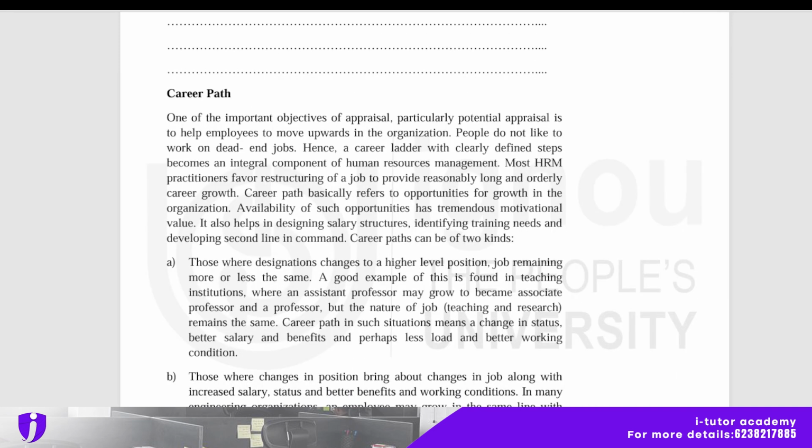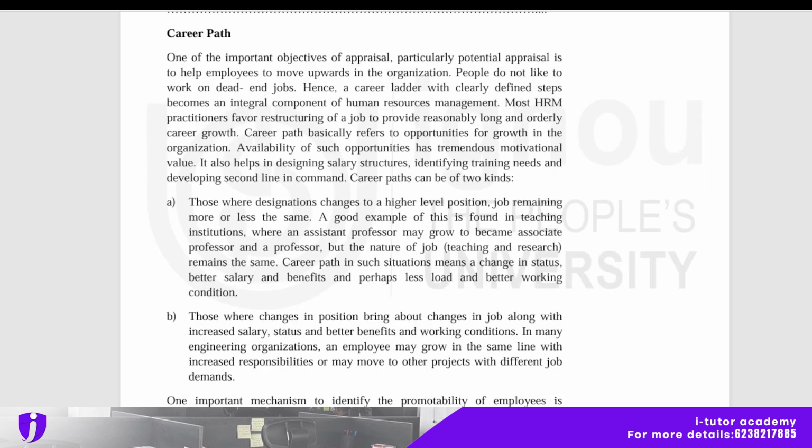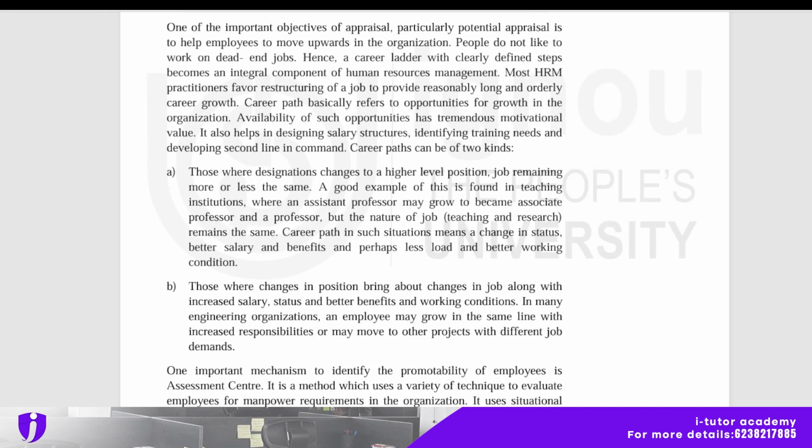One of the important objectives of appraisal, particularly potential appraisal, is to help employees to move upward in the organization. People do not like to work in dead end jobs, and career path can be of two kinds. First, those where designation changes to a higher level position, the job remaining more or less the same.